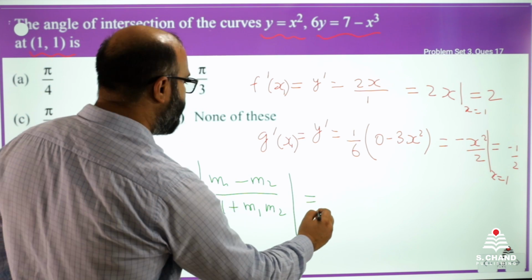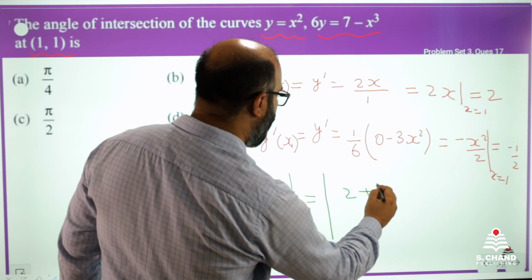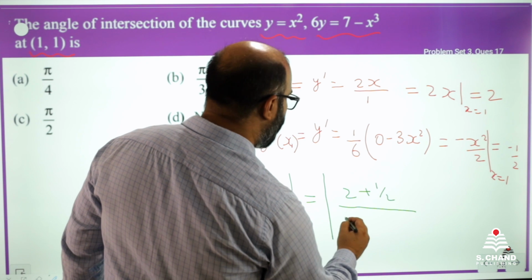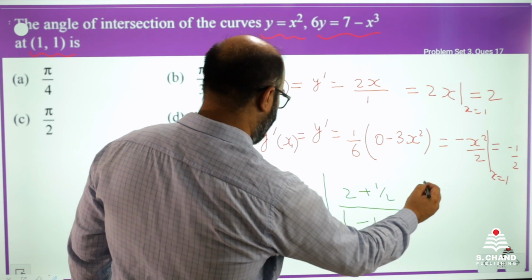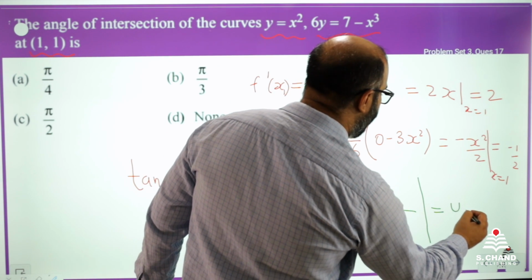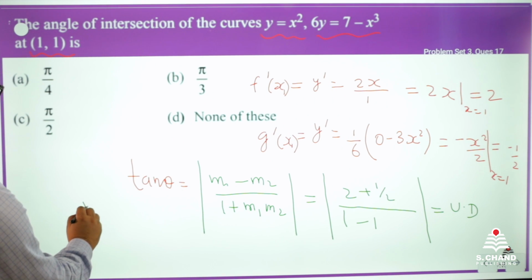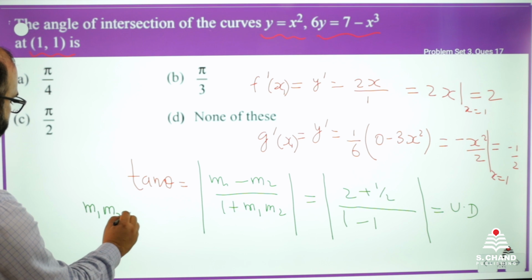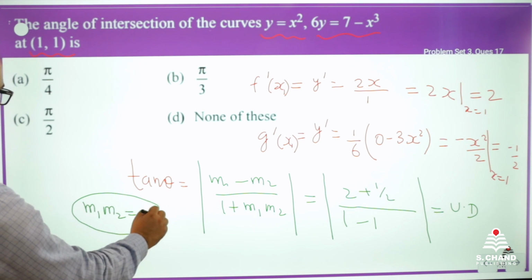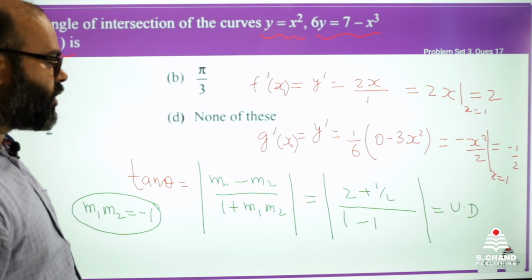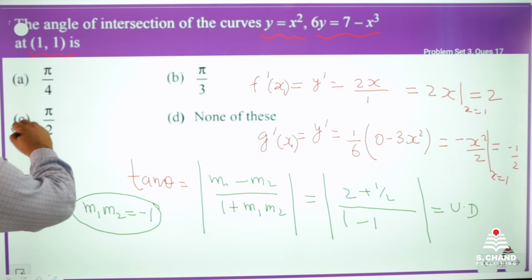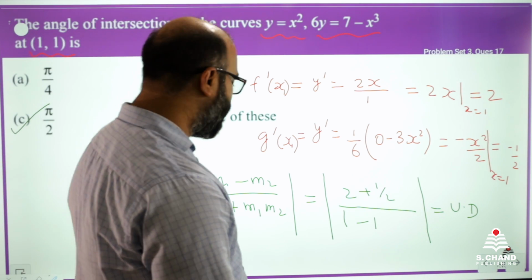So this will become 2 plus half upon 1 minus 1, which will become undefined. So m1 m2 is coming out to be minus 1 actually. So if m1 m2 is minus 1, that means the lines are perpendicular to each other, which means the angle between them is pi by 2 at the point of intersection.